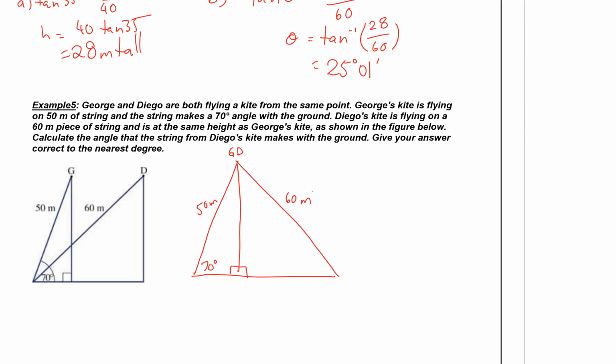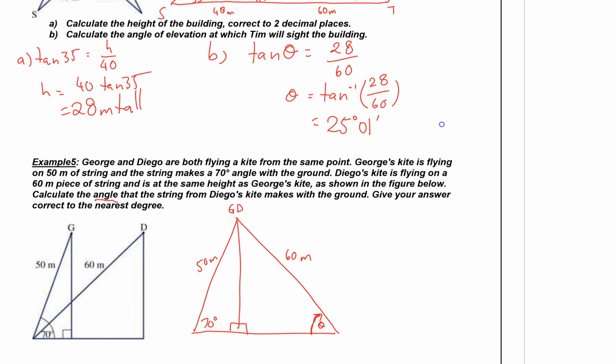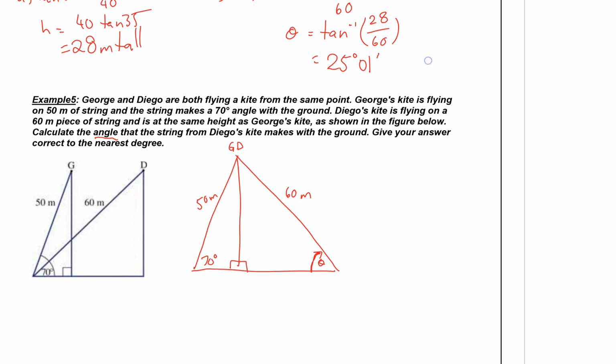And what I want to find is the angle the string from Diego's kite makes with the ground. Okay, so I want this angle here. It is very much like the last one. If we come back here, we start off with not quite exactly the same information, but close enough.